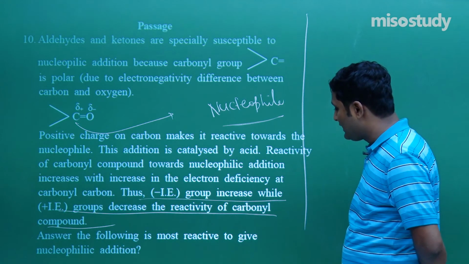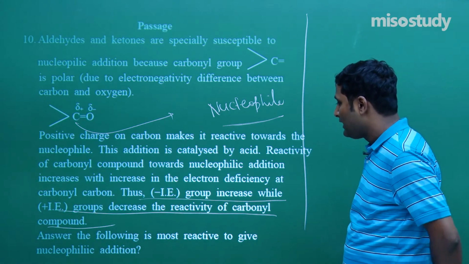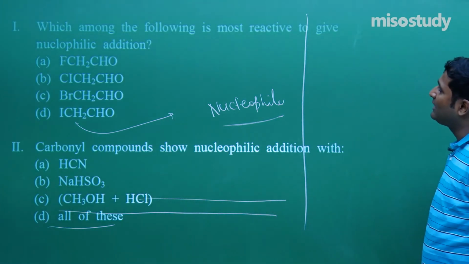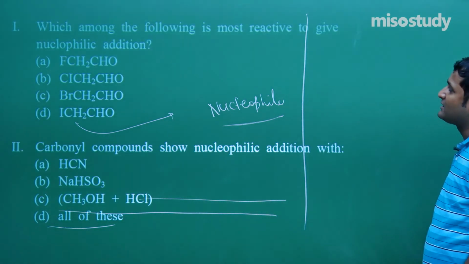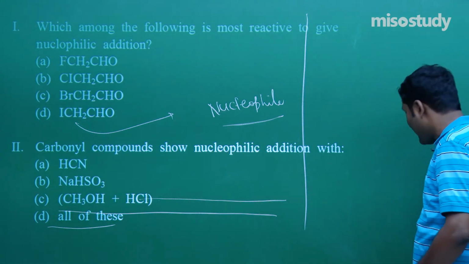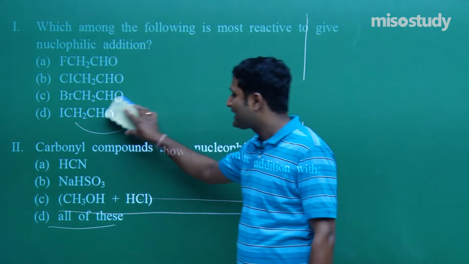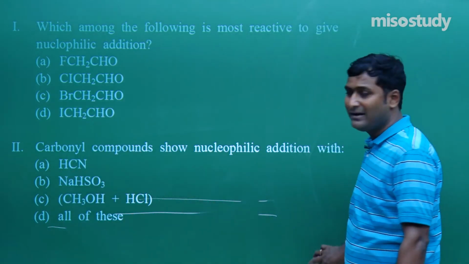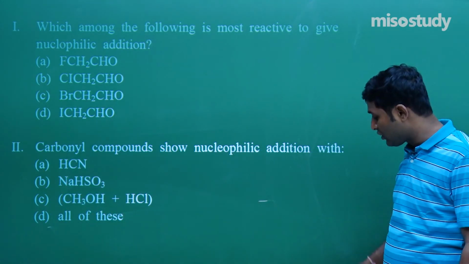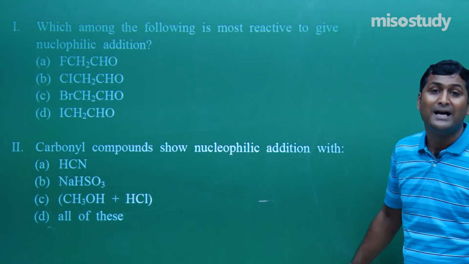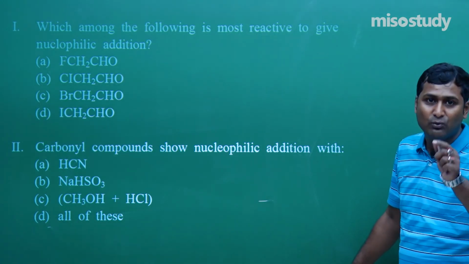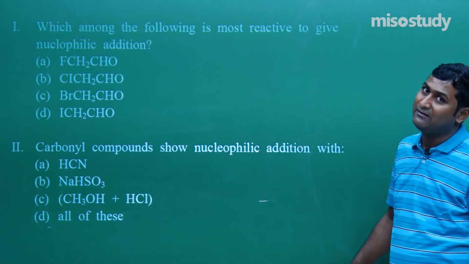Which among the following is most reactive to nucleophilic addition reaction? As I told you, reactivity increases if there is a strong electron withdrawing group, that is, if there is a minus I effect.